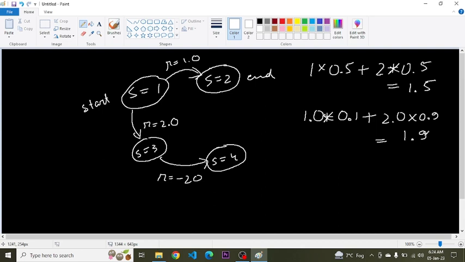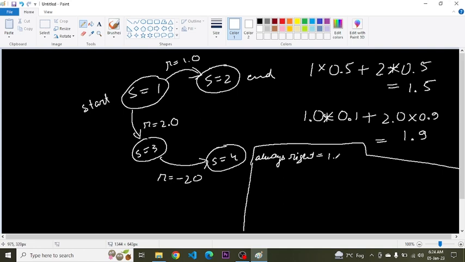So with that addition, our values for state 1b will be calculated in this way. The agent always going right, okay, let's make a small box over here. For always right, it is going to be 1.